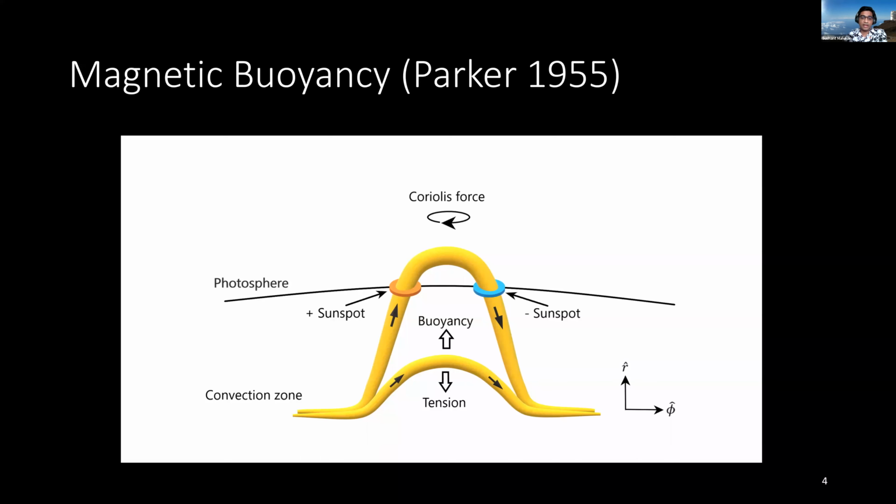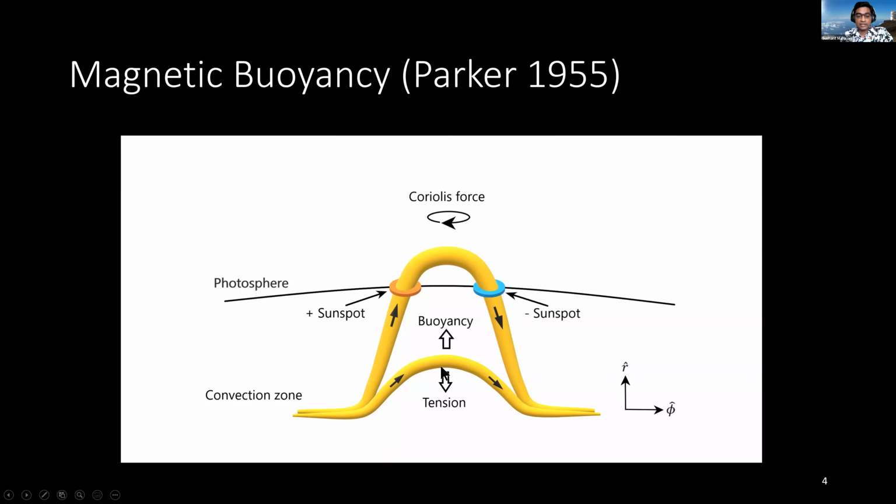Later in 1955, Eugene Parker proposed magnetic buoyancy as the cause for sunspot emergence. What he basically proposed was, if you have a strong enough magnetic field inside the sun in the form of a cylindrical flux tube, the gas density inside the flux tube would be lower than outside, if the flux tube was assumed to be in isothermal equilibrium with its surroundings.